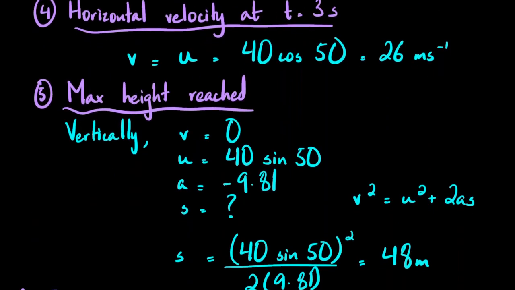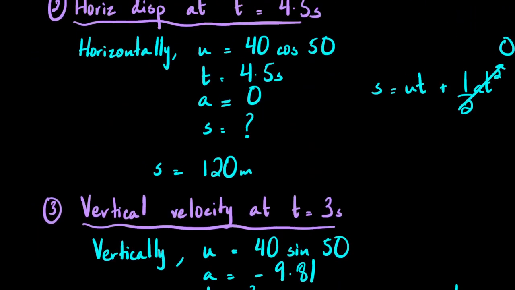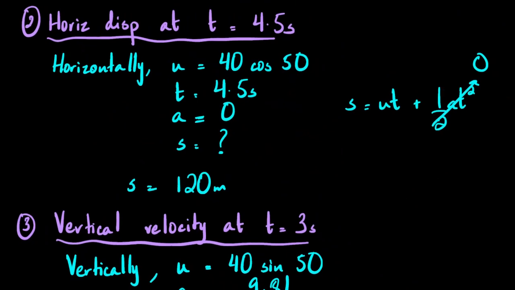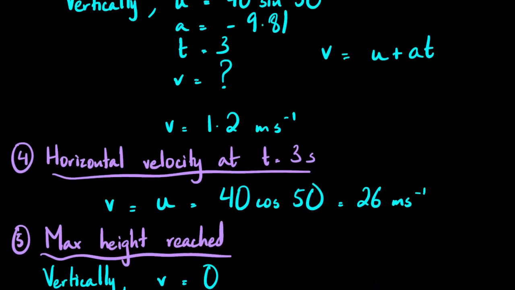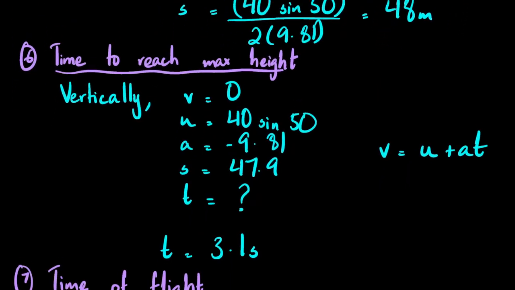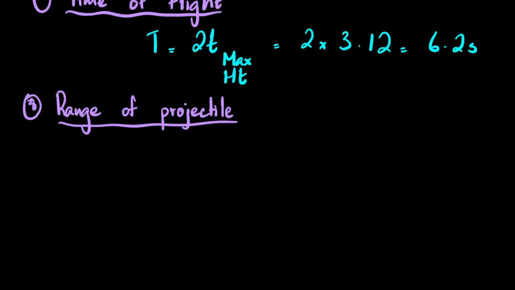So the horizontal displacement, I can just go ahead and use this one, and instead of taking the time 4.5 seconds, I can then take the time for the full journey, right? So that 40 cos 50 multiplied by the time for the full journey, which we just found out. So again, s equals ut. Horizontally, let me write.